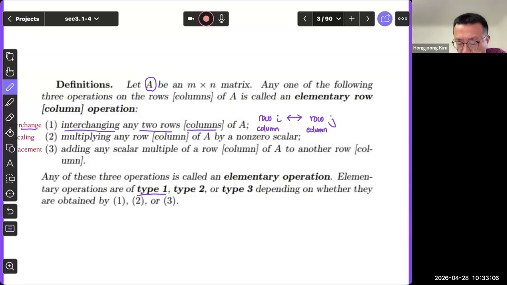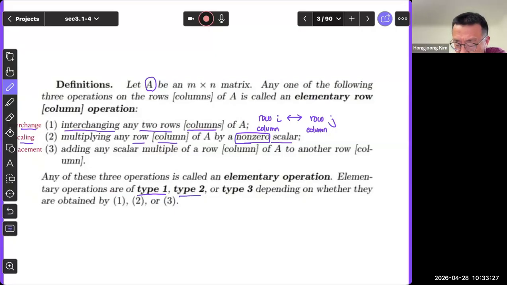Sometimes you multiply some non-zero value to a certain row or column. That will be called the scaling operation, or type 2 operation.